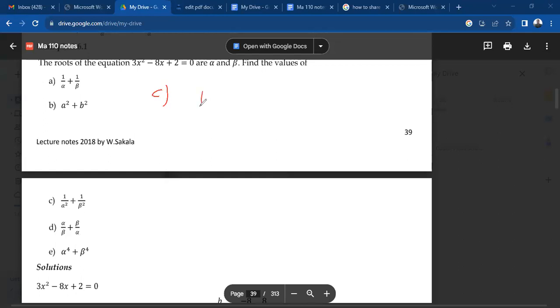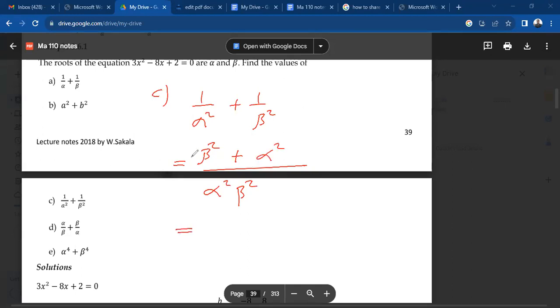Then we have 1 over alpha squared plus 1 over beta squared. As per tradition, you make it a single fraction. Alpha squared beta squared is the common denominator. Then the numerator will turn out to be beta squared plus alpha squared.